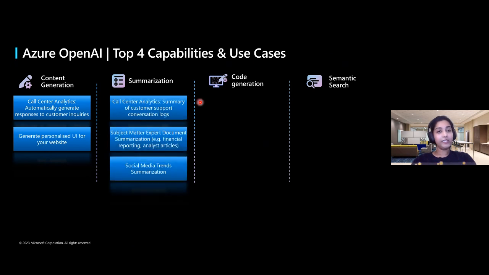Then we have summarization, and summarization is an extremely popular capability that we have within Azure OpenAI. So again, back to the call center scenario, think about it as, if you wanted to have a summary of the conversation support logs with your customers, finding out the trends, for instance, like in January, 95% of my customers were satisfied with the products or services that we have been offering. 5% of our customers have been dissatisfied.